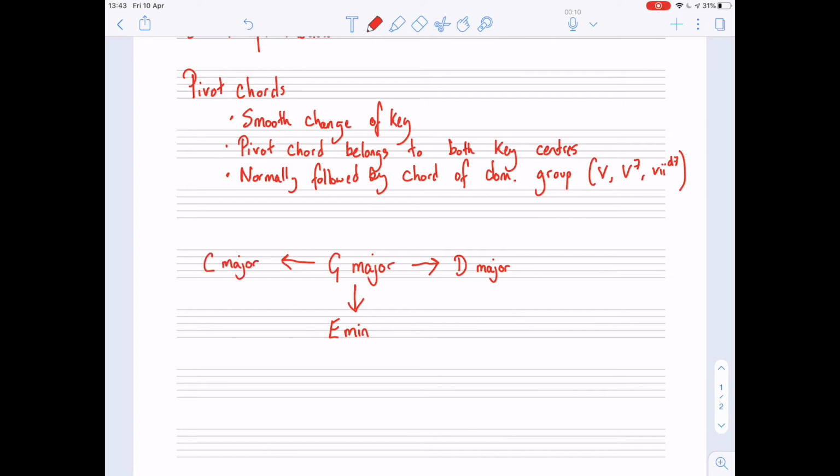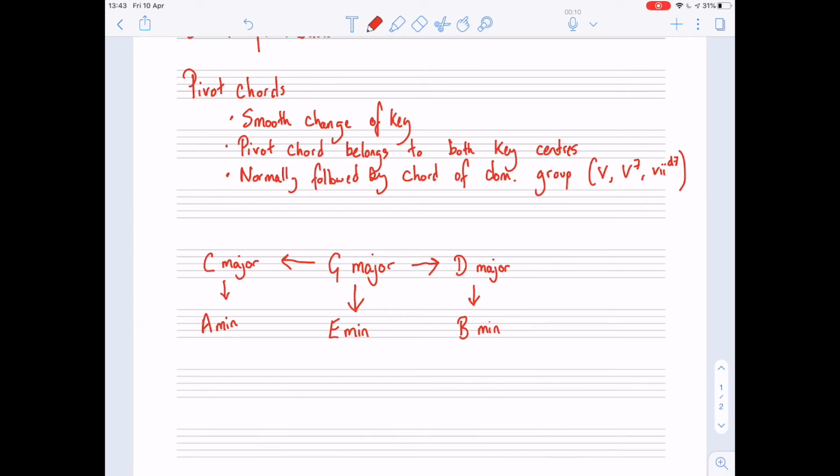And I can have the relative minors of each of these as well. So these are the keys that Bach will modulate to if he was starting in G major. He'd always go to the dominant, subdominant, or the relative minors of any of these.